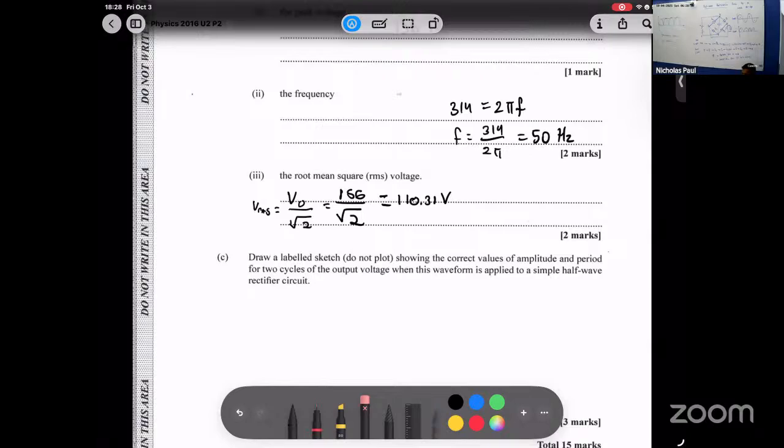2 cycles, right? Must have 2 cycles. That's what 2 cycles is, right? Okay, I can draw a line, but that was not the same.